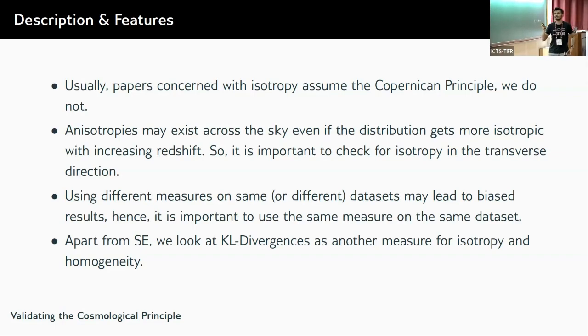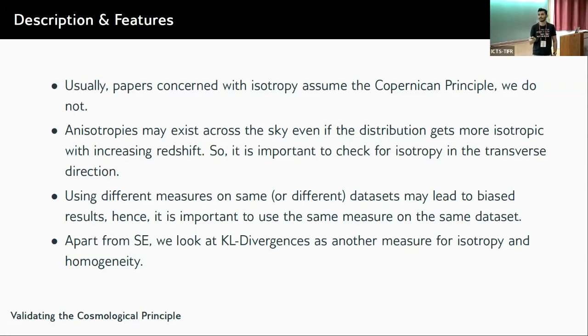Okay, so before I get to the analysis part, what are the salient features of our analysis? Usually papers actually assume the Copernican principle for doing analysis about isotropy. We do not. Using different measures for the same data set or different data sets may lead to biased results due to intrinsic biases in the measures or the intrinsic biases in the data sets. So we need to use the same measure on the same data set to be consistent for both inhomogeneity and anisotropy.